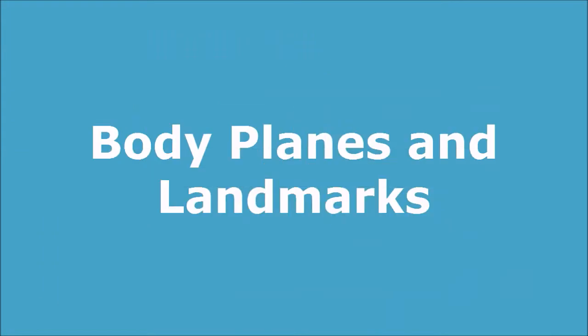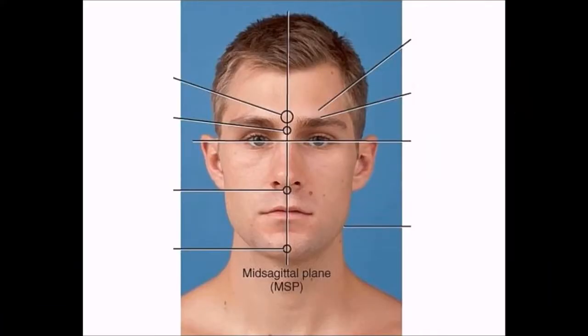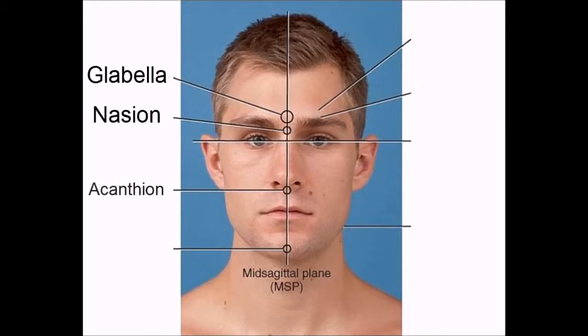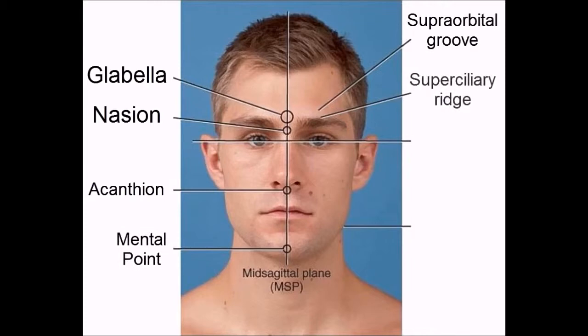Body planes and landmarks. Certain surface landmarks and localizing lines must be used for accurate positioning of the cranium, and they are glabella, nasion, acanthion, mental point, supraorbital groove, superciliary ridge, interpupillary line, angle.